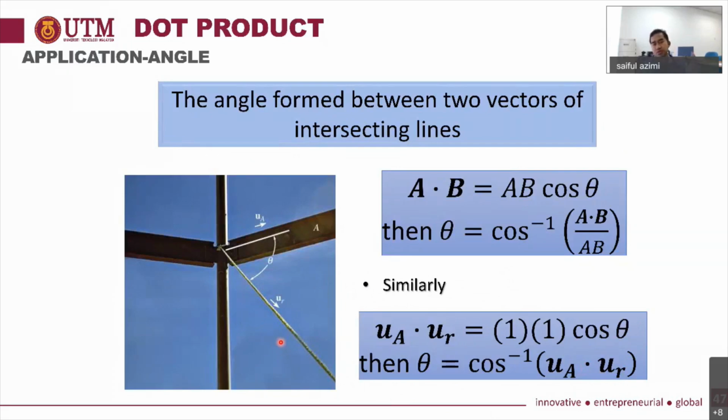If the question wants you to find the angle between two vectors, and it has given you the magnitude and also the vector of the line itself, you can find it by using the dot product.